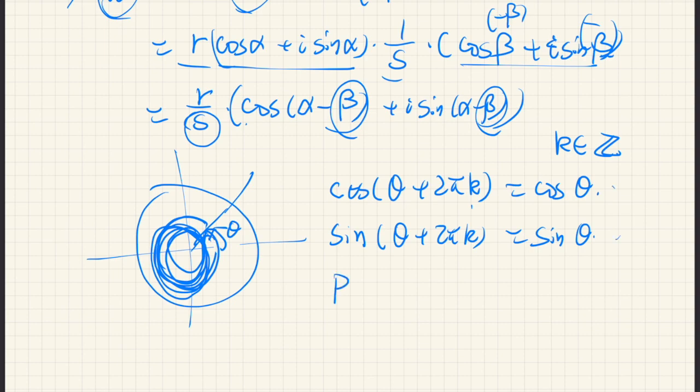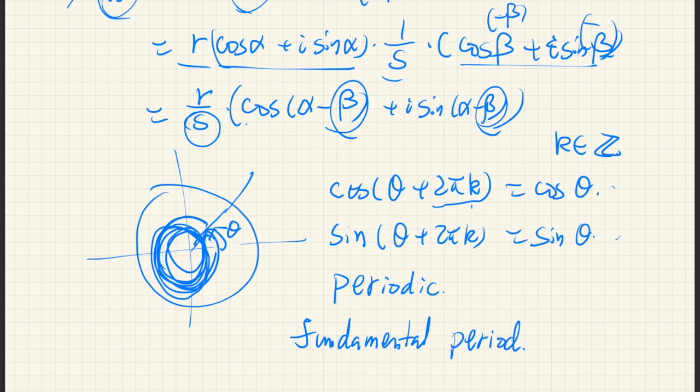So these are called periodic functions, and 2 pi k are periods of these functions. The smallest positive period is called the fundamental period. So in this case, the fundamental period is 2 pi for both cosine and sine.